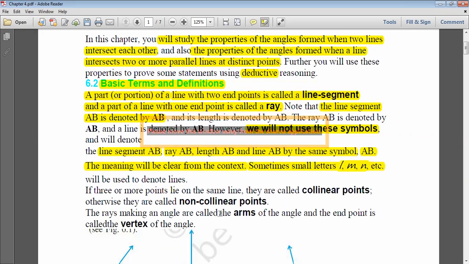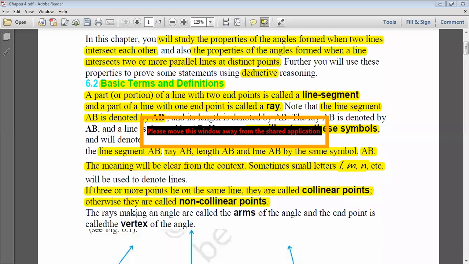Now another important point. Listen here. If three or more points lie on the same line, they are called collinear points. Otherwise, they are called non-collinear points. What does it say? Three or more points lie on the same line. Say this is a line.